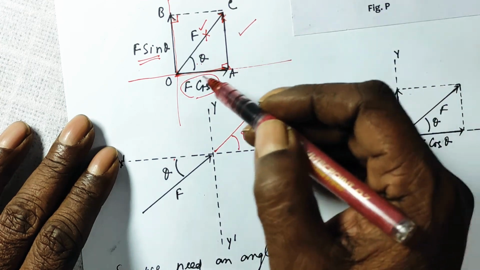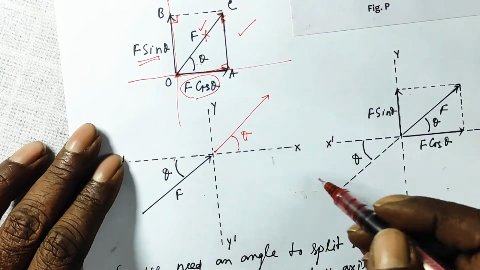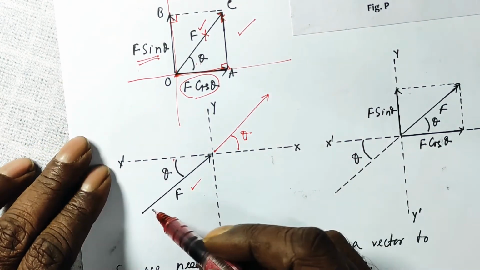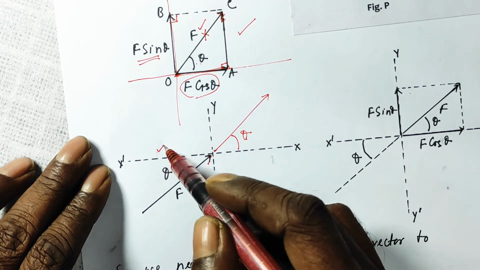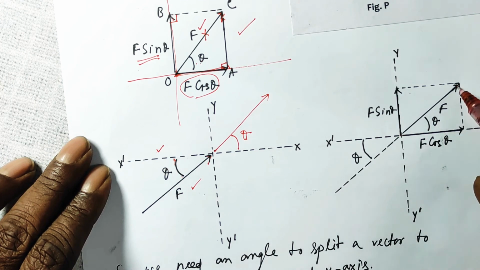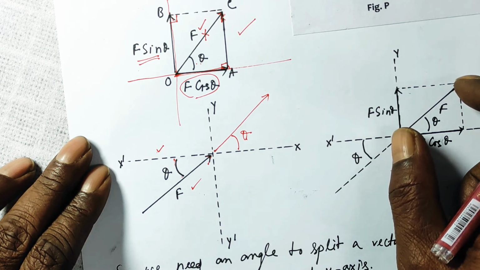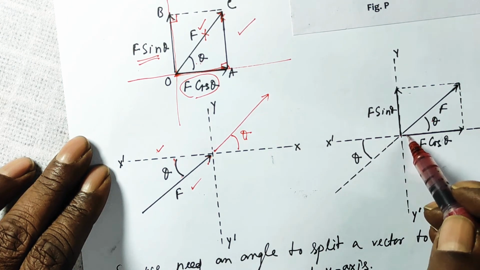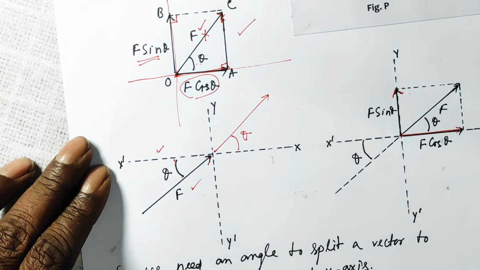Then you can apply like this. This becomes F cos theta, this becomes F sin theta. So the same thing I have redrawn here. This force F making angle theta with the x-axis is translated from this point to this point, keeping the length same, means the magnitude of the force remains same, and keeping the angle same. So this part becomes your F cos theta and F sin theta.